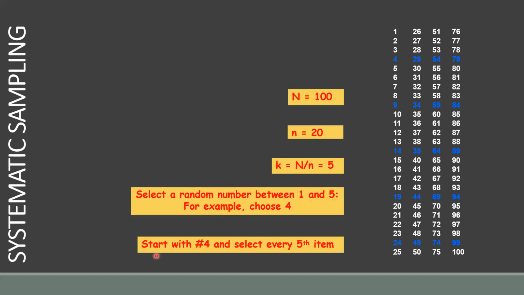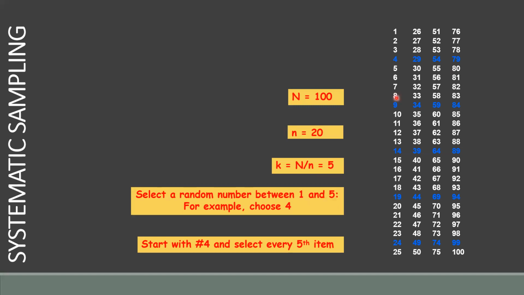For this example, the researcher decided to start the counting from number 4. So automatically, your individual number 4 will be included in your study. Then count 5 from number 4: 1, 2, 3, 4, 5. Then that will be your individual number 9.